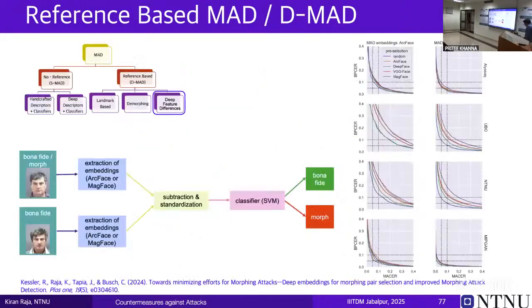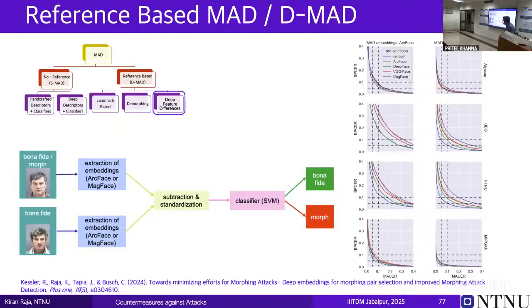Okay, so this is a reference-based approach, and you can more or less take the same kind of approaches and learn it in a reference-based scenario. What do I mean by reference-based scenario? I can extract the embeddings from two images, and since I have two images, I can take a difference between them. If I take a difference between them, then I can learn any kind of classifier.